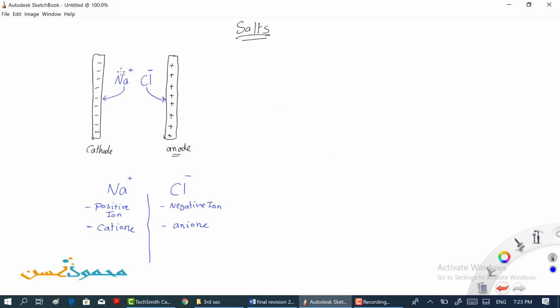These salts come from the reaction of NaOH plus HCl, giving to us NaCl plus water. So we can say that Na comes from the base, so it's called the basic radical.